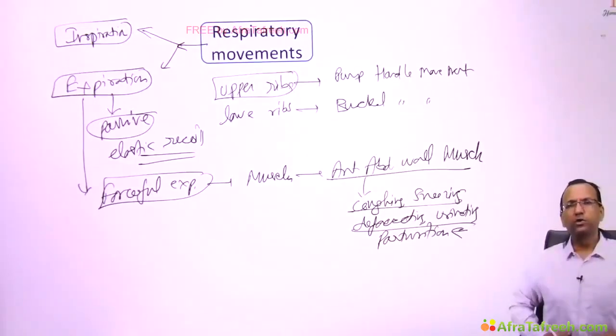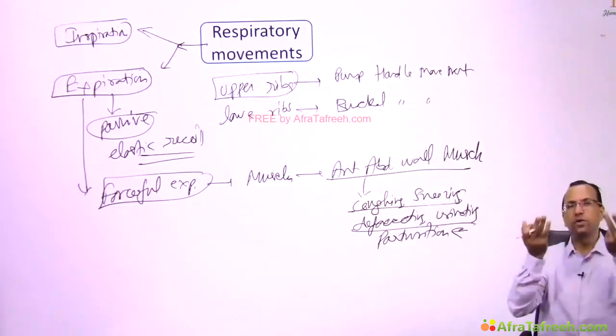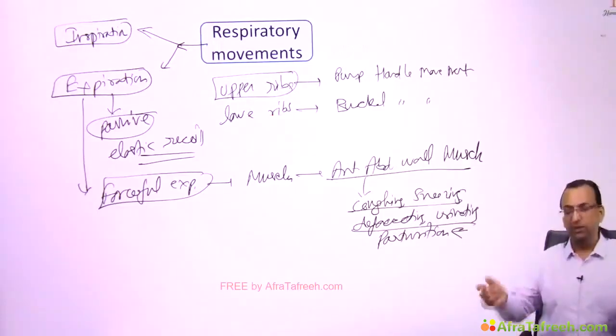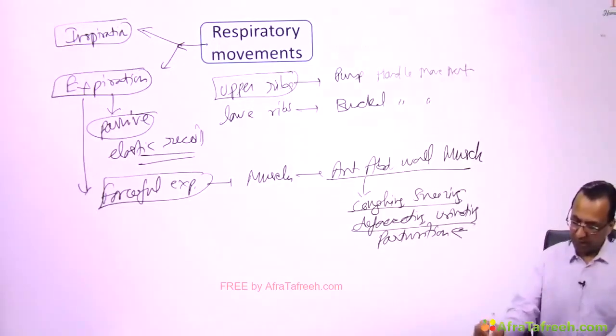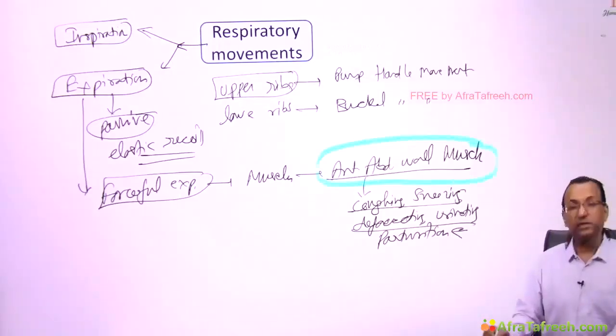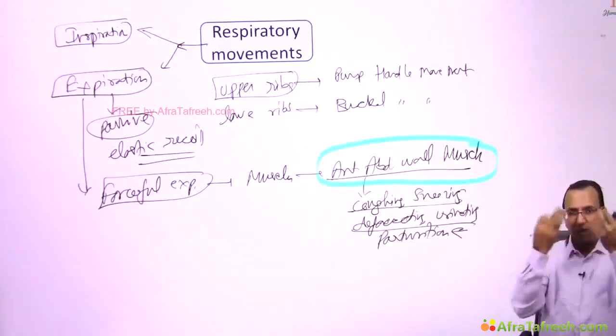Why? To push the structures out. What structure? Air out of the respiratory tube, or the fecal matter, urinary matter, or the baby outside. Push it. So we use the anterior abdominal wall muscles. Yes, if you want forceful expiration, push the lung and air goes out.